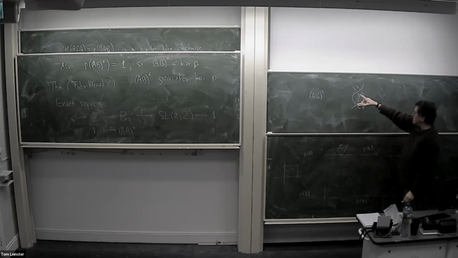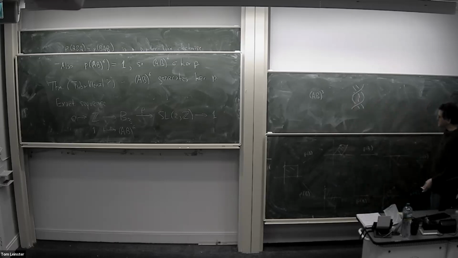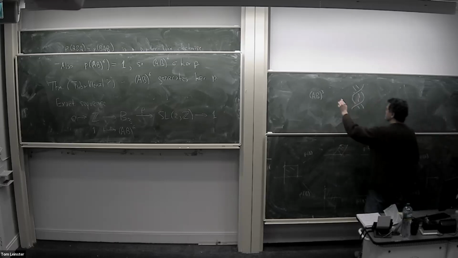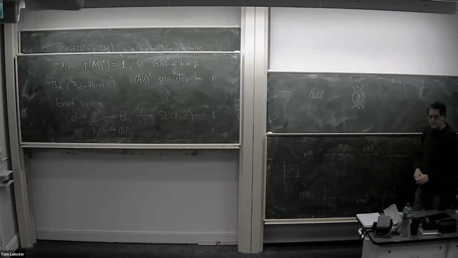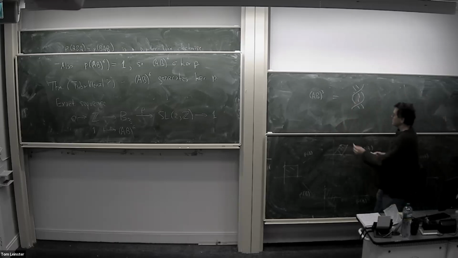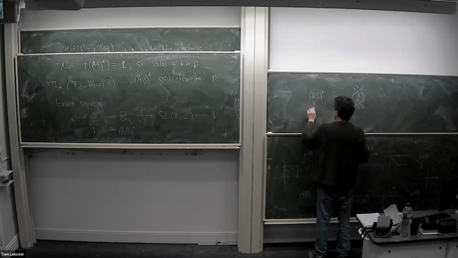So here I drew BAB, BAB, but BAB is ABA. So it looks like this. And you can see what's going on is that things are getting turned around. This is a full, now you look very unhappy. No, remember, this is equal to lots of other things. This is equal to BA cubed, and it's equal to ABA.